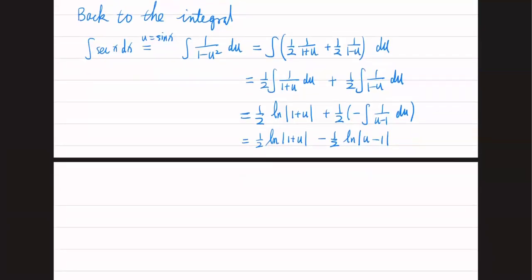We have done the integral. Then we switch back to our x variable. So this is 1/2 logarithm of 1 plus sine x, minus 1/2 logarithm of sine x minus 1.